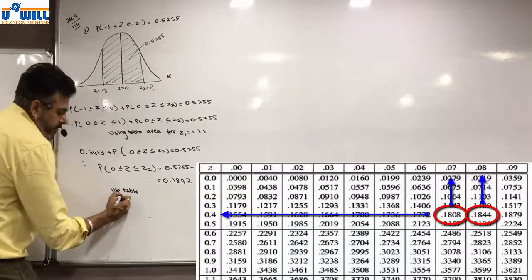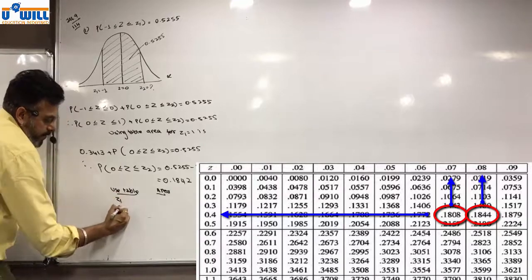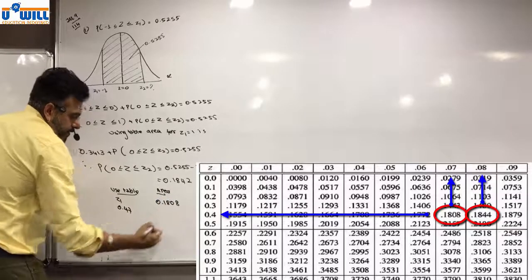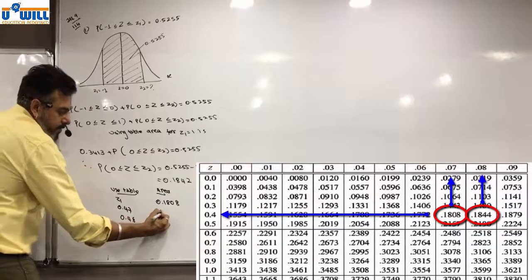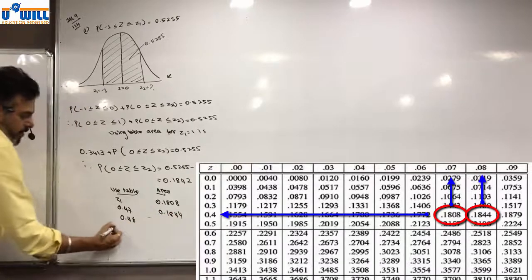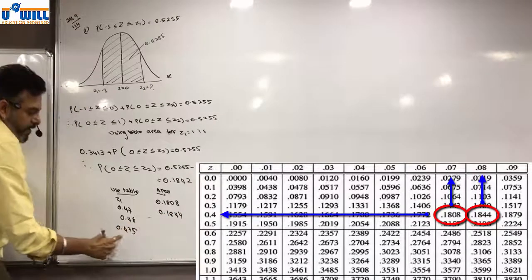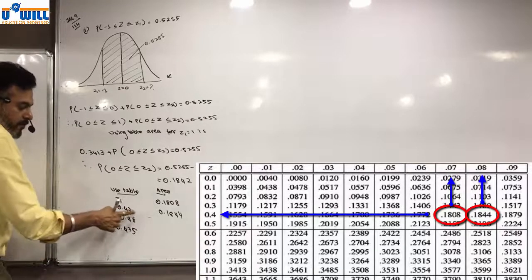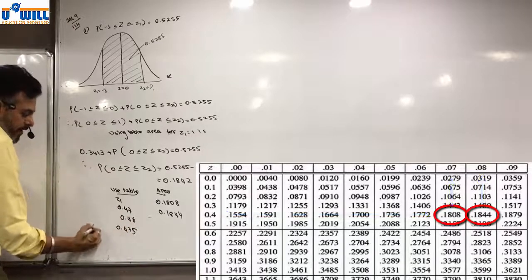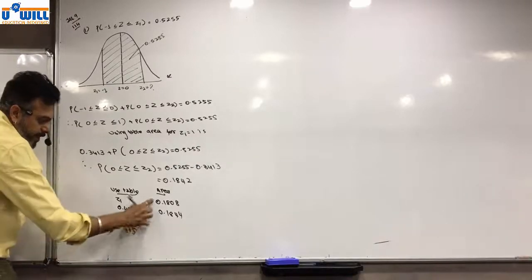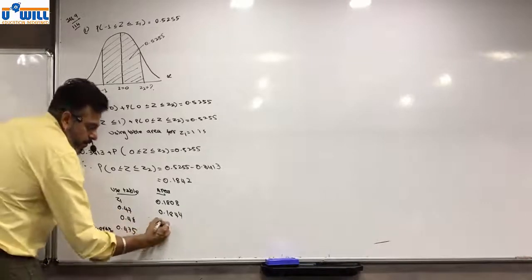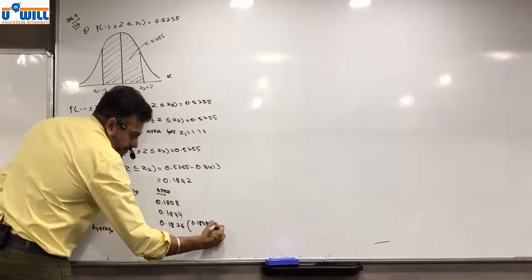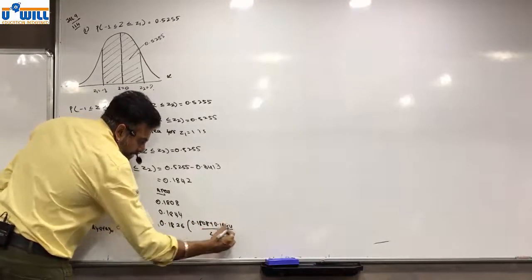So let's write down first Z1 0.47 is 0.1808, 0.48, 1844 and then 0.475. पता चला कैसे आया ये? 0.475 is what? 0.47 plus 0.48 divided by 2, average. तो इसका भी average 0.1826, 0.1808 plus 0.1844 divided by 2.